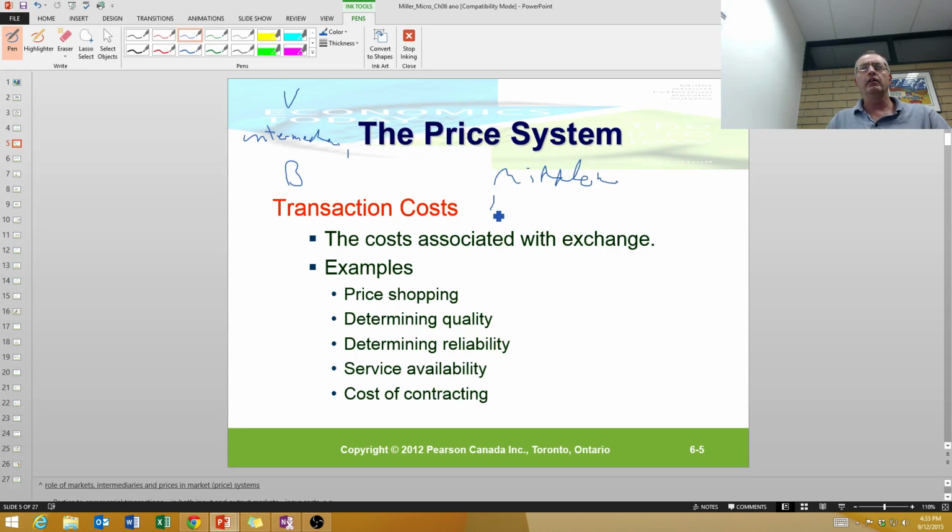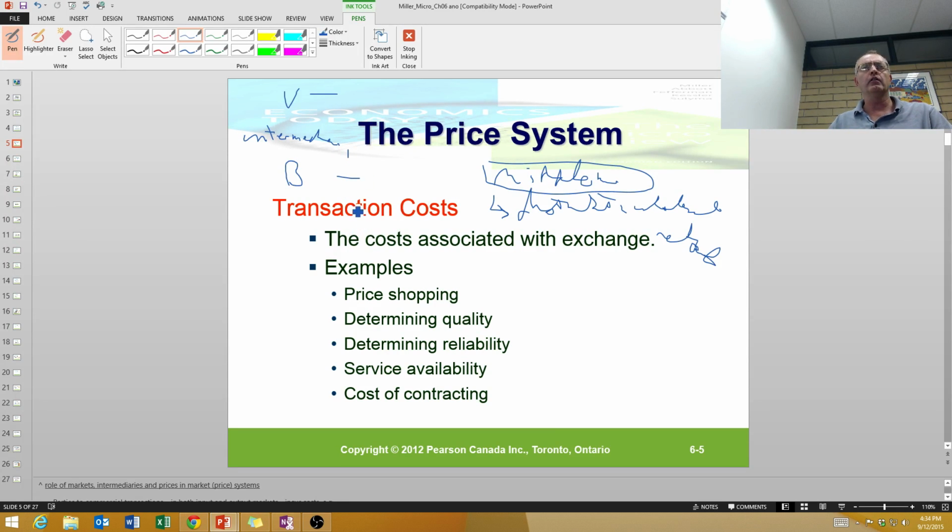And middlemen, we have many names. They play slightly different roles, but we have many names for them. We have distributors, we have wholesalers, and we have retailers. So these intermediaries are the people that connect product producers with buyers.